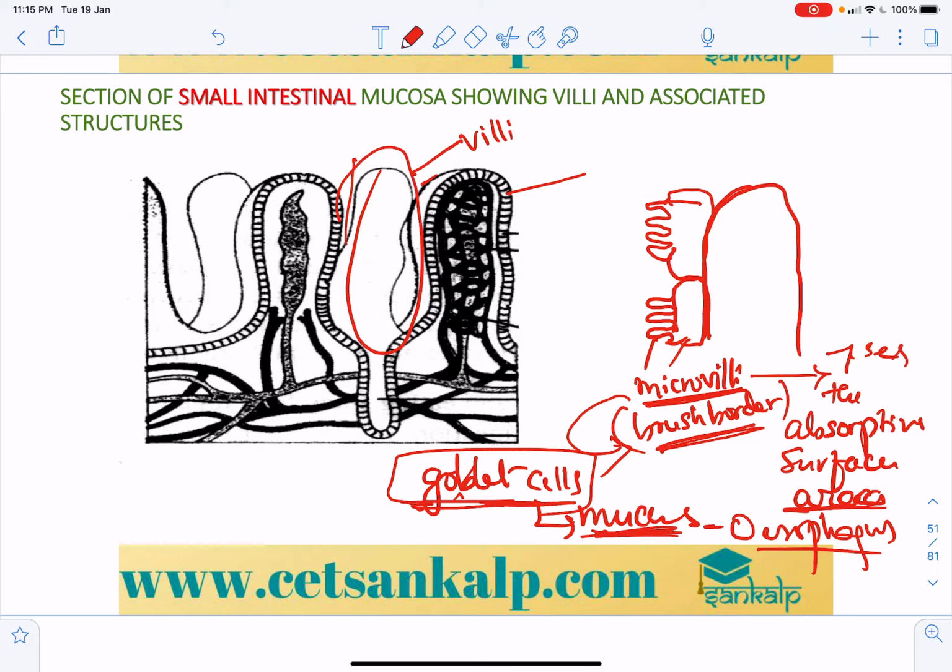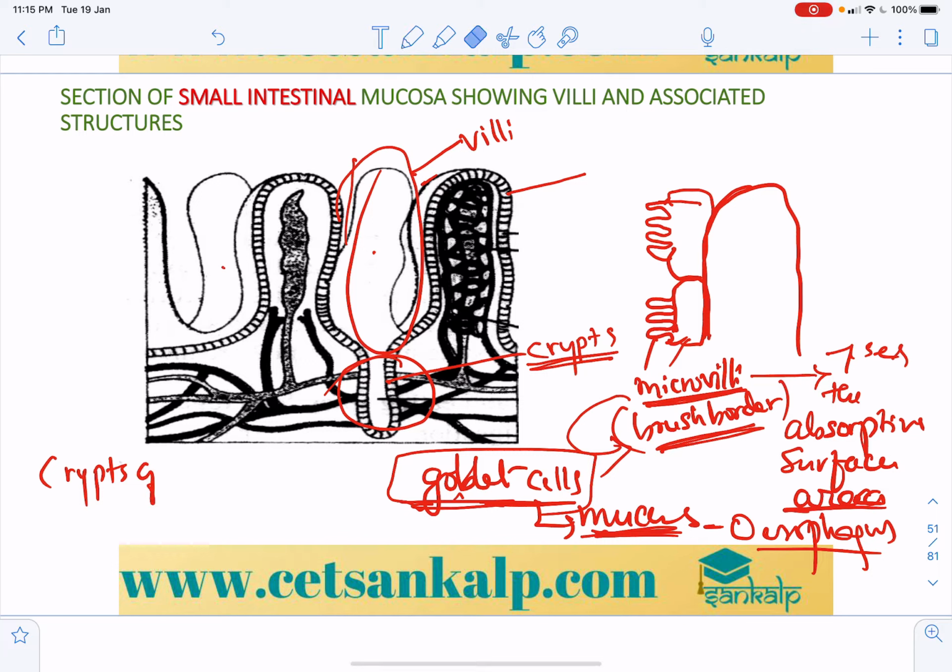Next, at the base of the villi in the intestine we can see a region which is called crypts, the crypts of Lieberkühn.